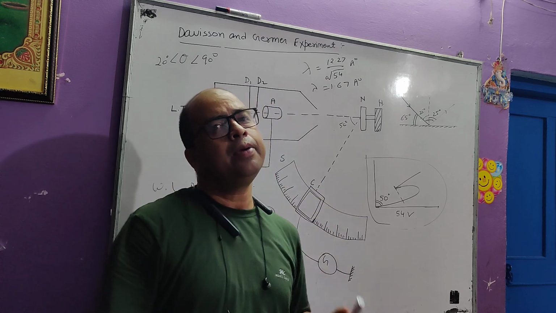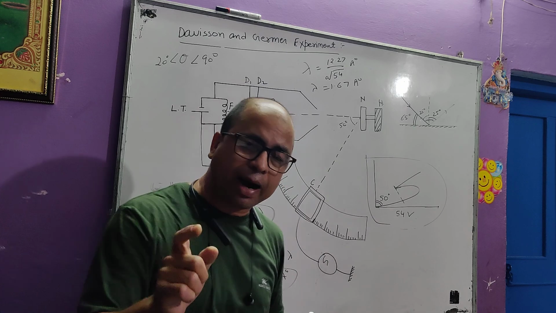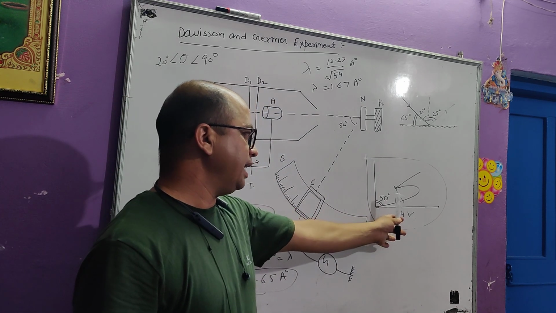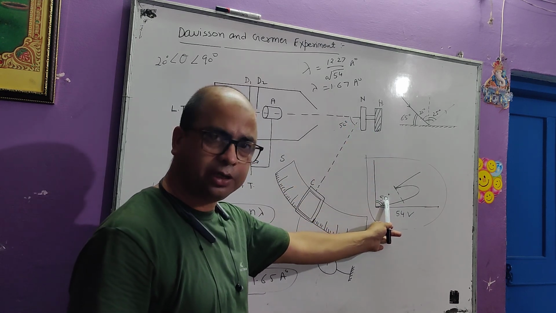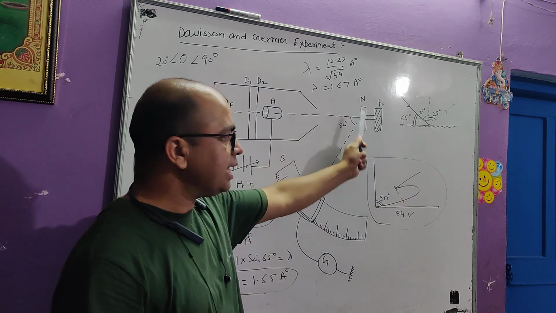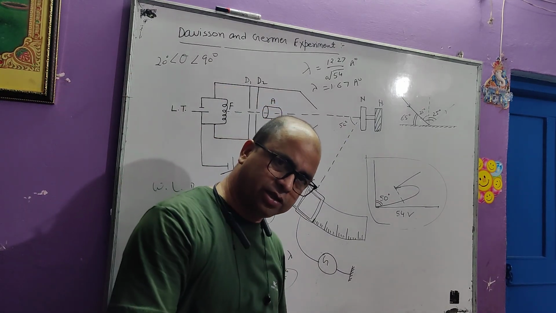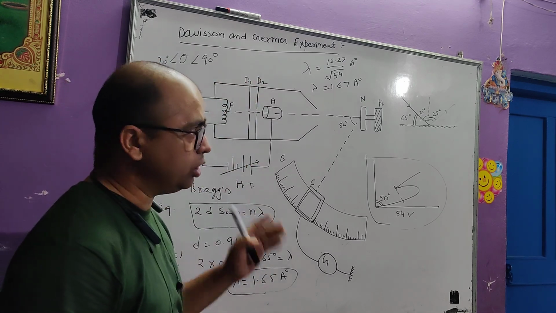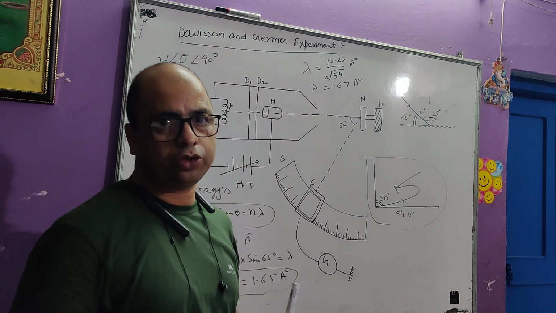Because they considered the electron as a wave and as a particle at the same time, when the applied potential was 54 volts and the angle between the incident and reflected beam was 50 degrees. In both cases they found the same wavelength, and finally concluded that the electron has dual nature. It was the first experiment which proved the de Broglie hypothesis.